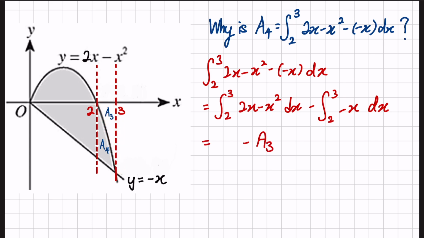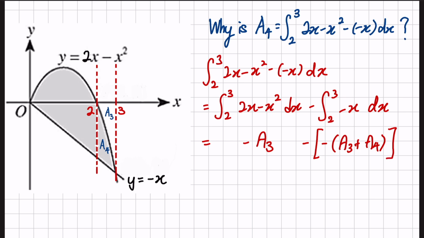If I'm looking at this based on the curve by itself, if I integrate this curve here from 2 to 3, I'll get this area here. Next I integrate this line from 2 to 3. I'll get the negative of this entire area over here. So in this case, minus away, I will get the negative of the entire A3 plus A4.